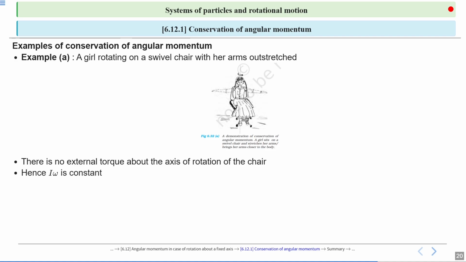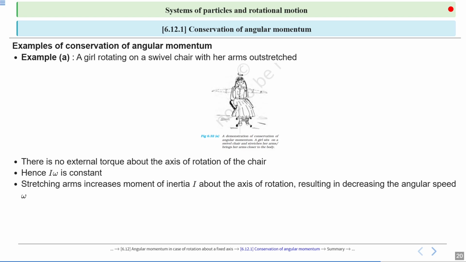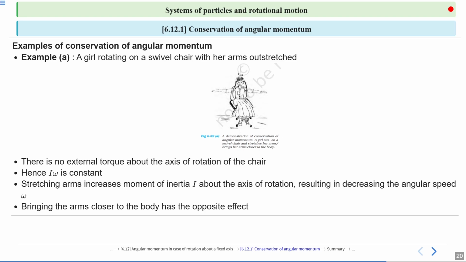So to keep angular momentum constant, her angular velocity increases. It means I1 omega 1 is equal to I2 omega 2. Yes or no? So omega 2 increases. Bringing the arms closer to the body has the opposite effect. All right.